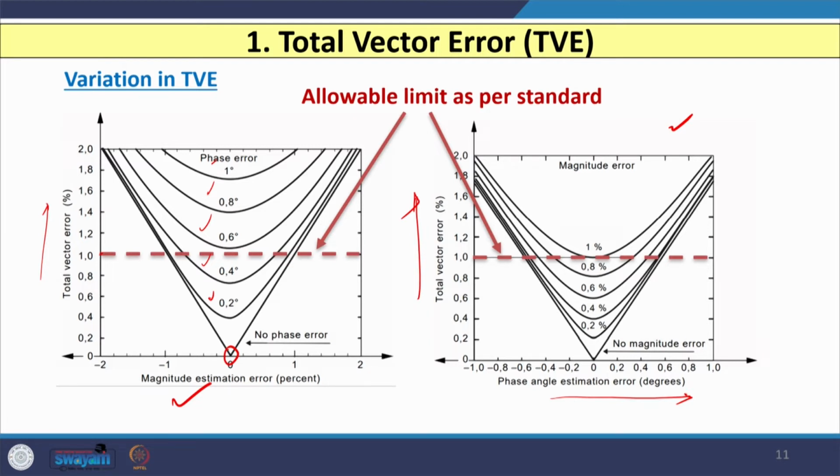If I consider the magnitude error to be 0, then you will have this graph, and if you go on changing it, you will have the variation in this graph. Again, the 1% total vector error limit is applicable for this graph.